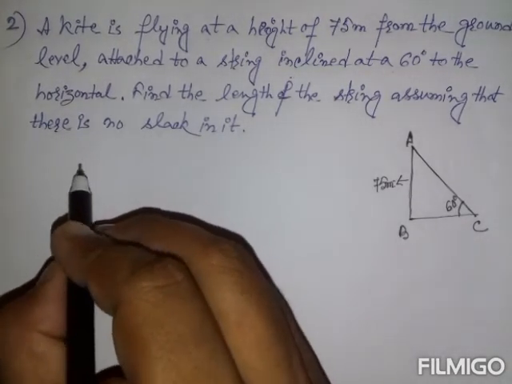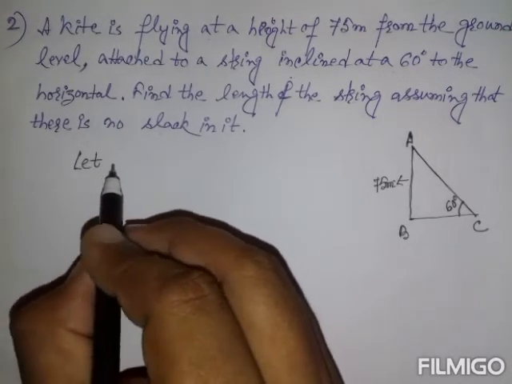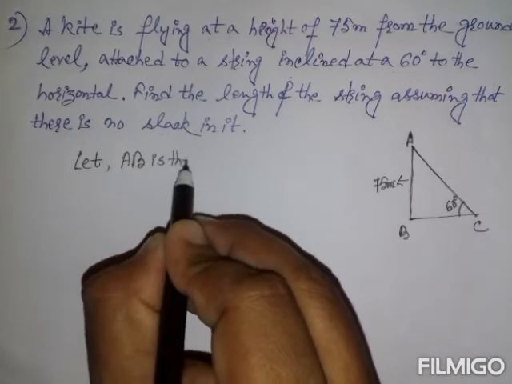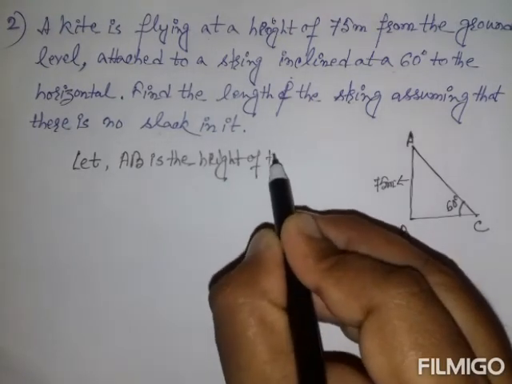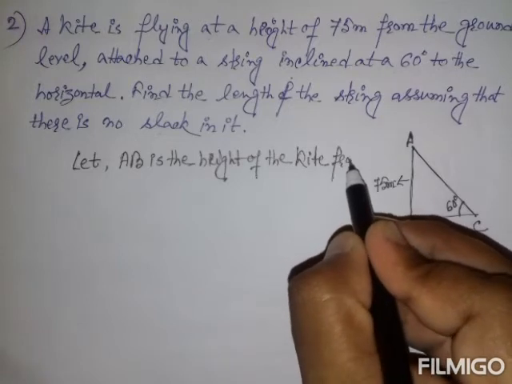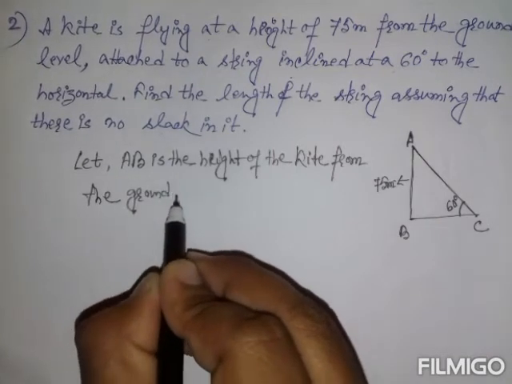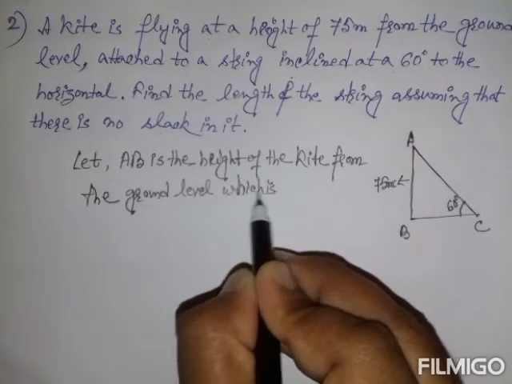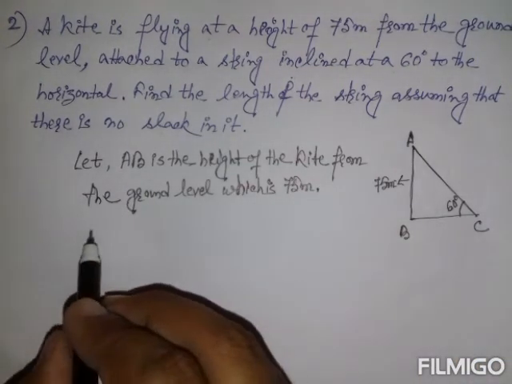So now at first let AB be the height of the kite from the ground level, which is 75 meter.